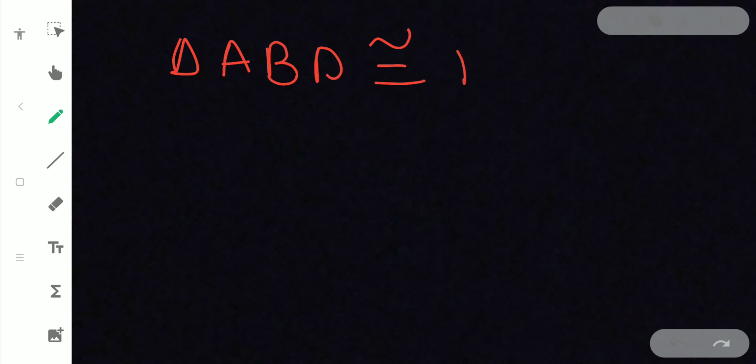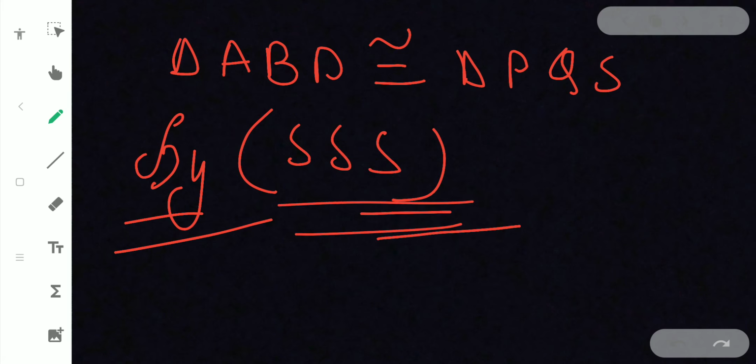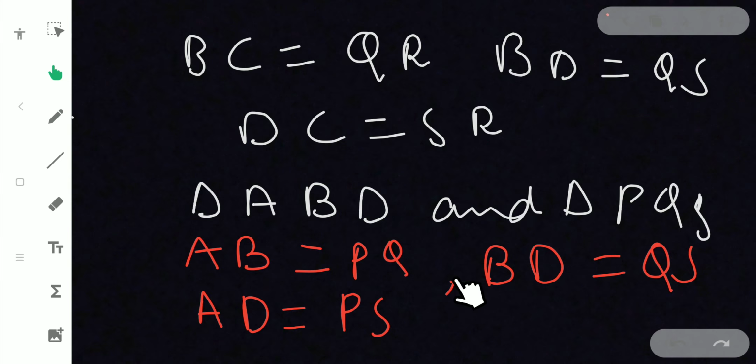Now triangle ABD is congruent to triangle PQS by SSS. So this is side, this is side, and this is side.